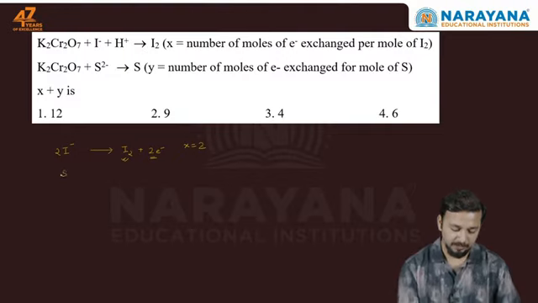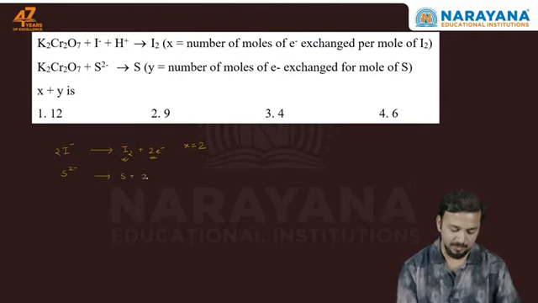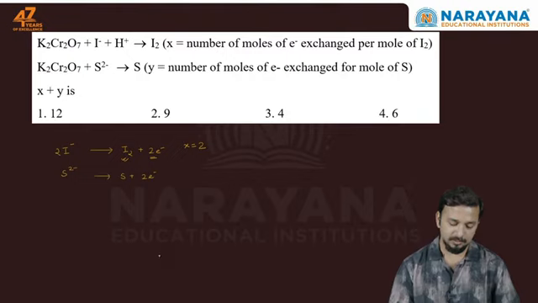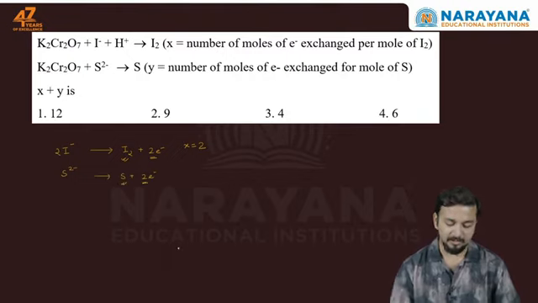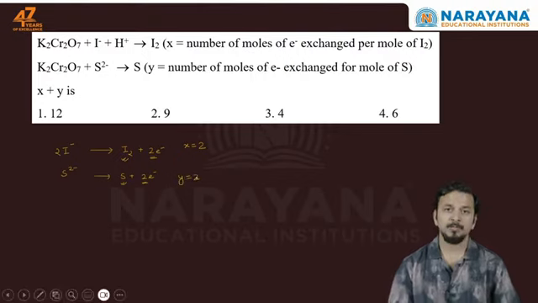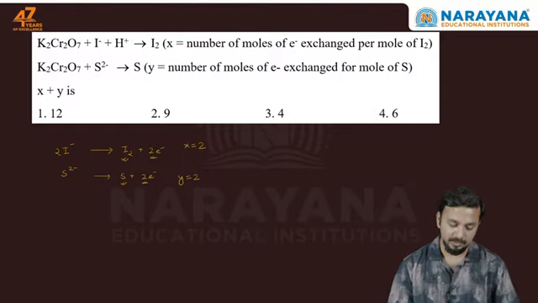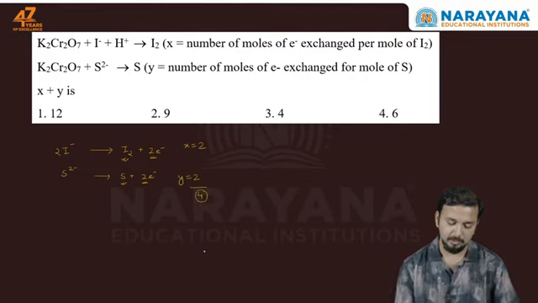In the same way, in the second reaction, S2- becomes sulfur. If you balance it, it will be S plus 2 electrons. So per mole of sulfur, 2 moles of electrons are exchanged, which means Y will also be equal to 2. They're asking for X plus Y, so 2 plus 2 will be 4. So the correct answer for this question is option 3.